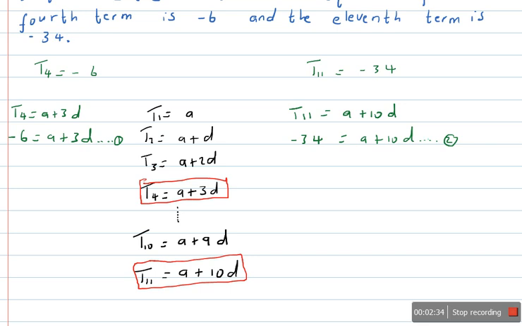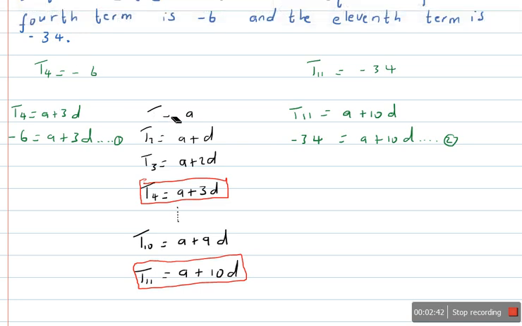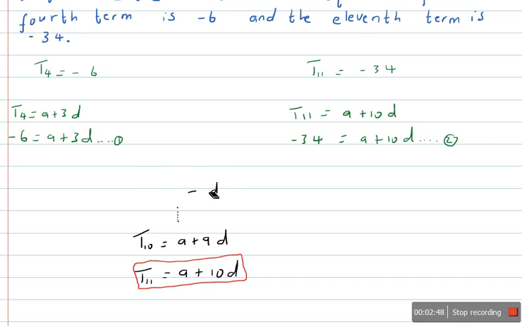So I will solve these for A and D using the elimination method. If you don't know the elimination method, find a way to contact me. I will teach you the elimination method. You can use elimination method or you can use the simultaneous solver.